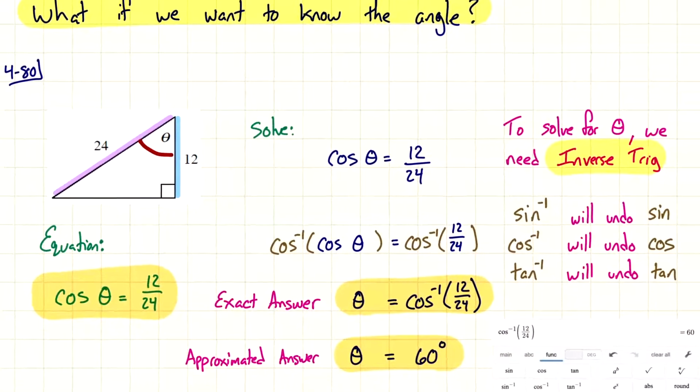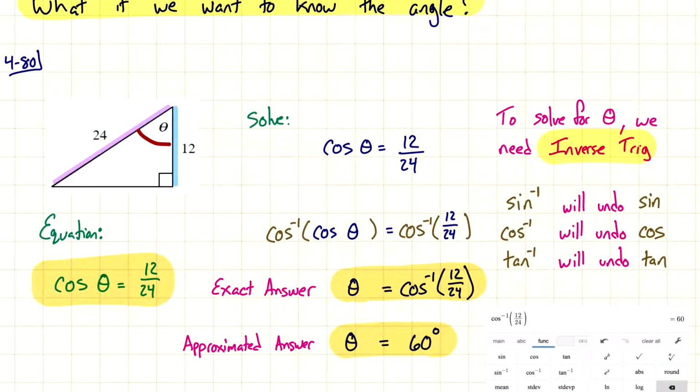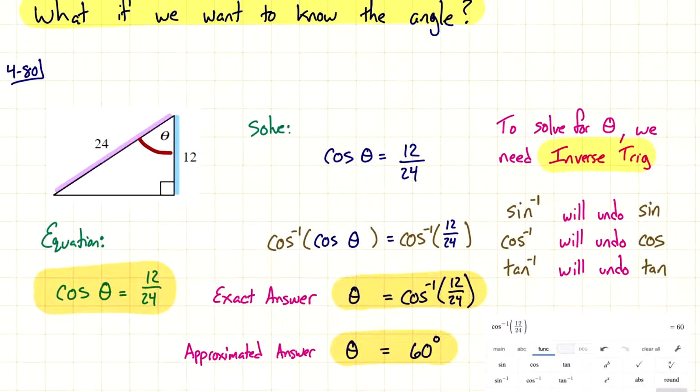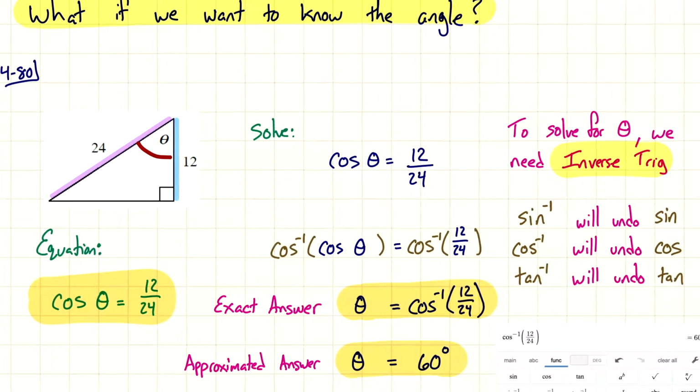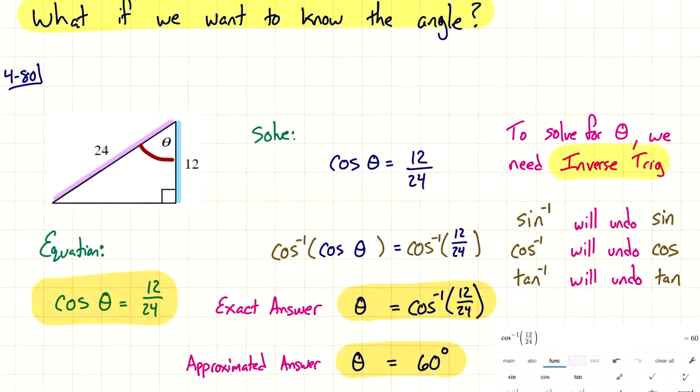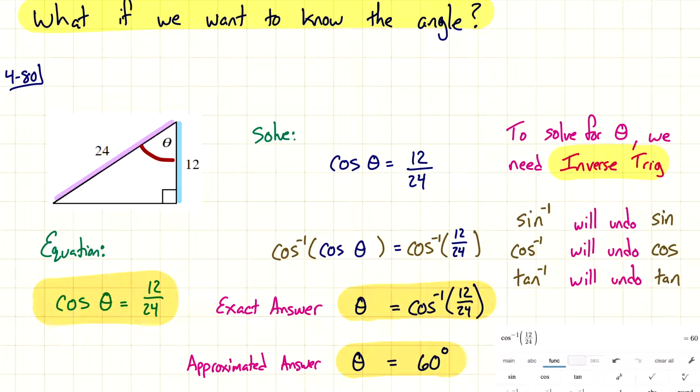All right, so this is a problem taken from page 480 in our textbook. I'll show it like this. This one's all complete, so I'm just going to talk about the work I have here on the screen, and explain how we would do a problem like this.